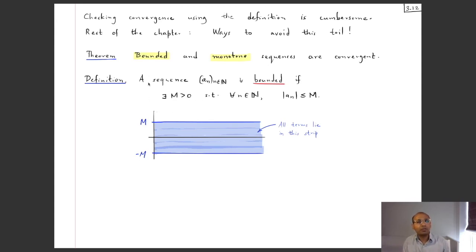Okay. So let's first explain what's meant by a bounded sequence.